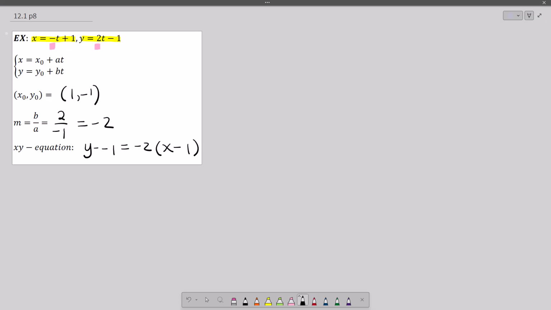So there's our point slope form. y equals mx plus b is totally fine. So we've got -2x. This is going to be a positive 2 when we distribute the slope, but then we have to subtract 1, so we end up with plus 1. That is our slope-intercept form of the line.